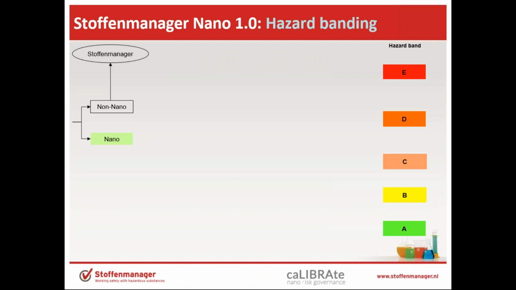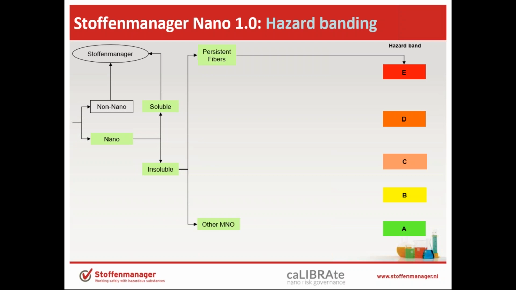StoffenManager Nano for hazard consists of 5 hazard bands from A, considered safe, to E, considered very not safe. First of all, the StoffenManager Nano distinguishes between soluble and insoluble nanomaterials, whereas a soluble nanomaterial can be modeled using the regular StoffenManager, and for insolubles, you would stick to the StoffenManager Nano tool.